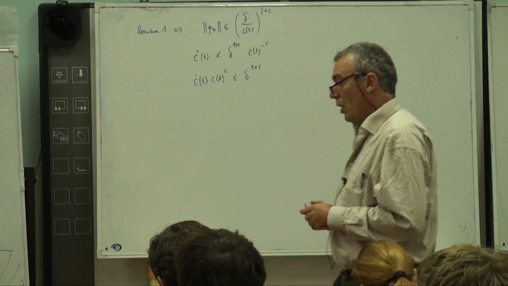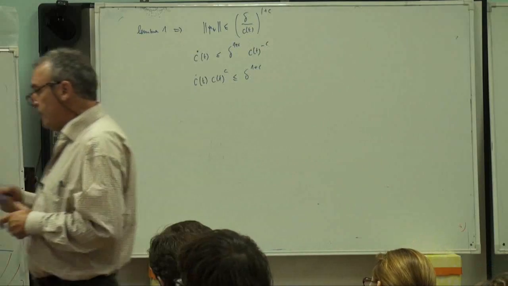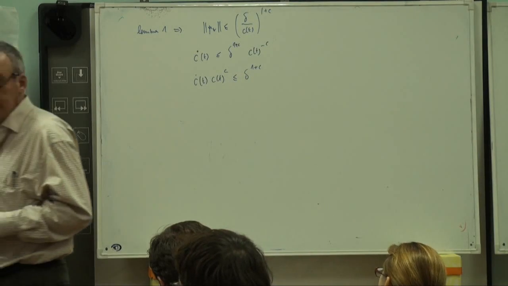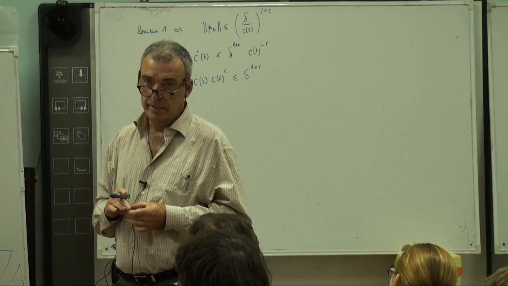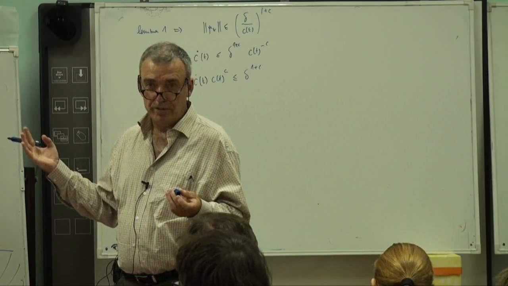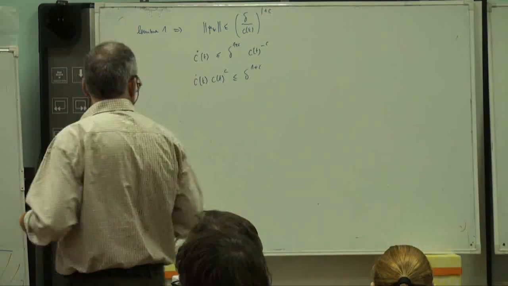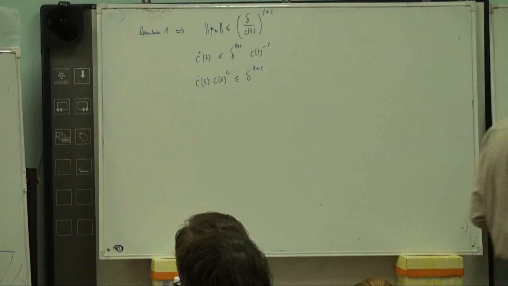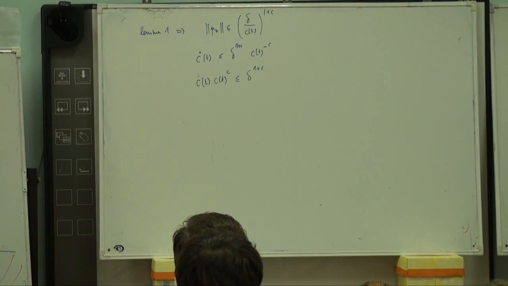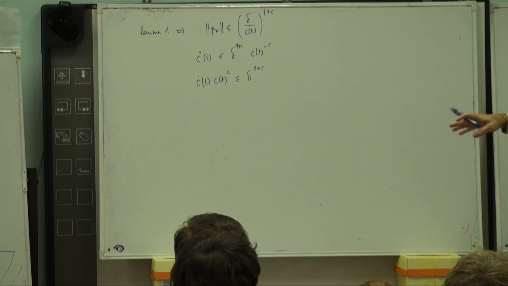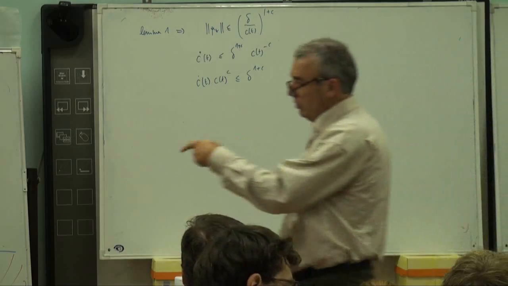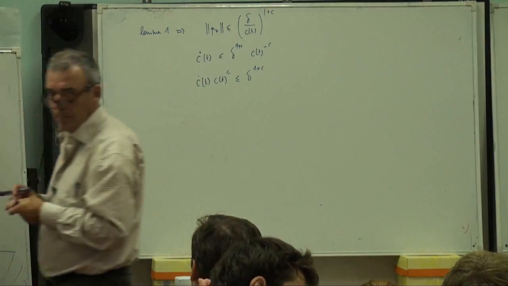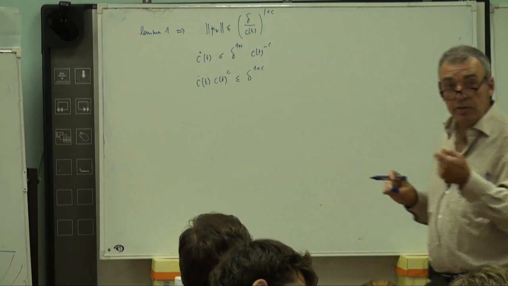And another thing, this estimate is the only one we can get for DLA using this method. Or for HL_α, for Hastings-Levitov with parameter α, we also get an estimate here with an α somewhere. I don't remember exactly where. And that's the only thing we can get.